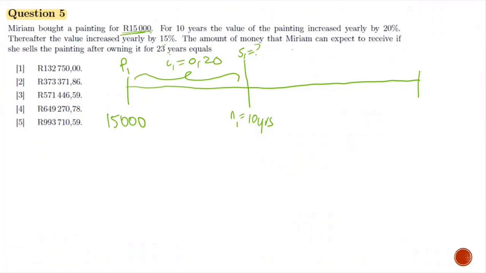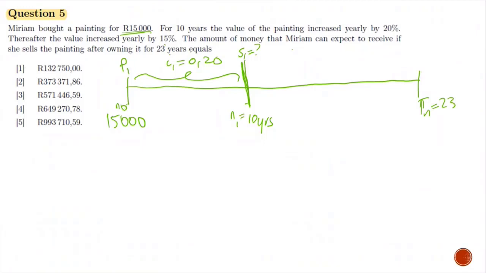So when you start again at this period, the total length of your investment is 23 years. From N0 to N23, this is your TN, equal to 23.